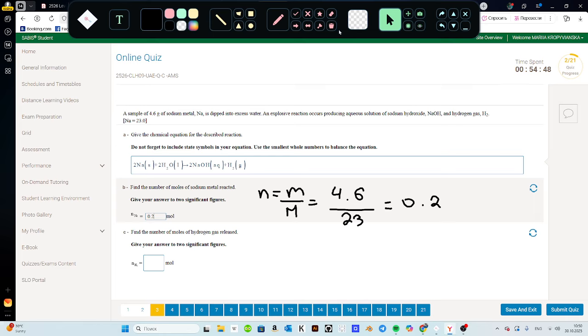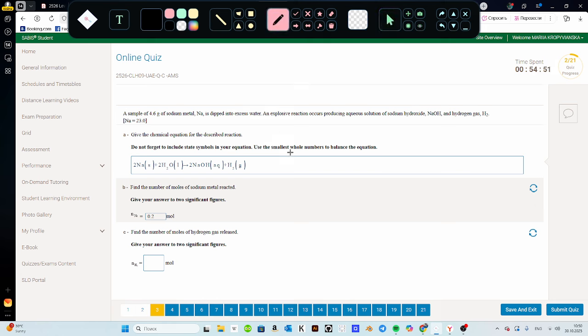Now, the next one will also require the ratio part. So we're going to write first what is known. What is known is 0.2 moles of Na, times our stoichiometric ratio. What we're trying to find is the number of moles of H2. So the prefix of moles over here is 1, right? So for 2 moles of Na, we're going to have 1 mole of H2.